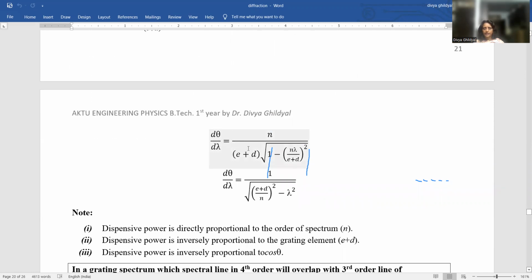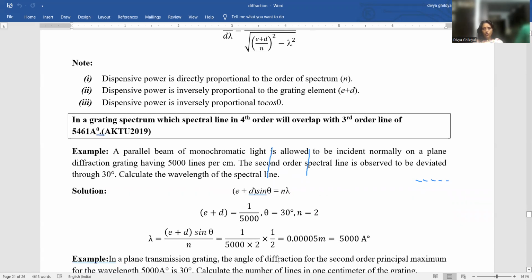We get d theta by d lambda equal to n upon (e+d) into under root 1 minus (n lambda upon (e+d)) square, or dispersive power d theta by d lambda equals 1 upon under root ((e+d) divided by n) square minus lambda square. So dispersive power is directly proportional to the order of the spectrum, inversely proportional to the grating element (e+d), and inversely proportional to cos theta.